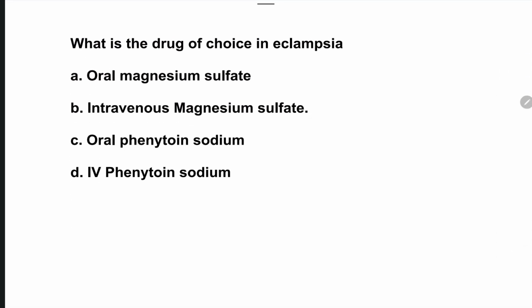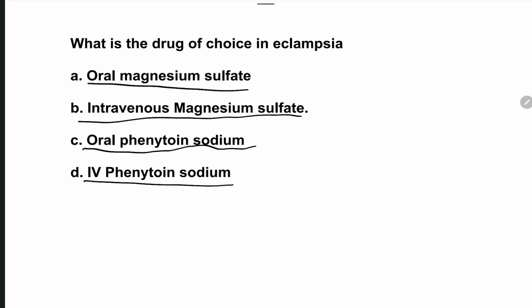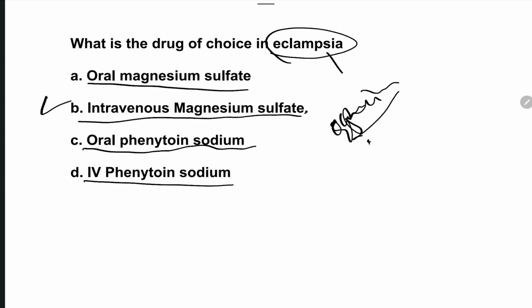The next one is, what is the drug of choice in eclampsia? Options are oral magnesium sulfate, intravenous magnesium sulfate, oral phenytoin sodium, IV phenytoin sodium. The right one is option B, intravenous magnesium sulfate. Why? Because eclampsia is nothing but the occurrence of seizures, okay, that is epilepsy, seizures or epilepsy, whatever it may be, occurring after the delivery.